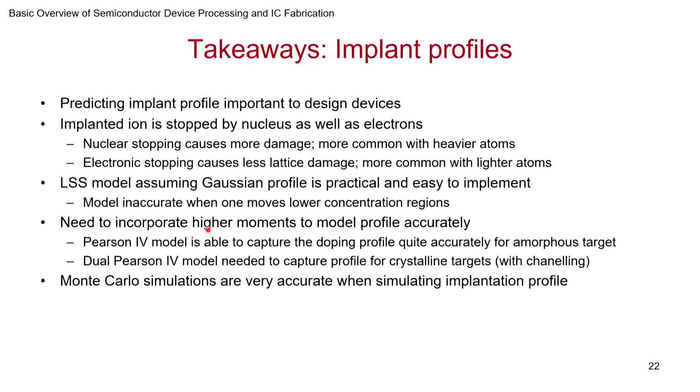So here you bring in higher moments, and the Pearson 4 model captures this very well for amorphous layers, but with the dual Pearson model you will find that it's able to capture even crystalline targets. Monte Carlo simulations are very accurate for simulating implantation profiles, and that's what is increasingly being used today in the industry.